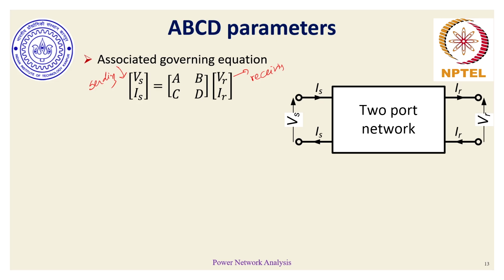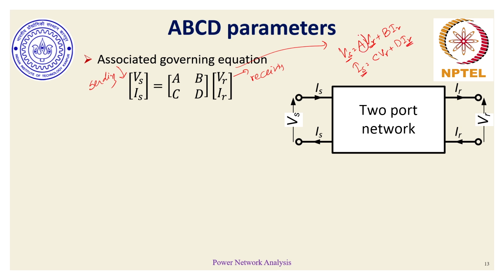So if one has to understand what the units of A, B, C and D are: if Vs is equal to AVR plus BIR and Is is equal to CVR plus DIR as per the definition of ABCD parameters, then it's pretty obvious that Vs and VR are voltages, Is and IR are currents.